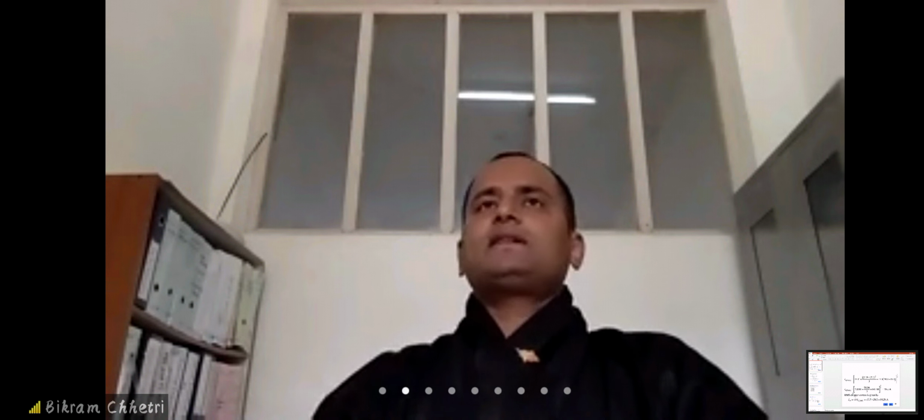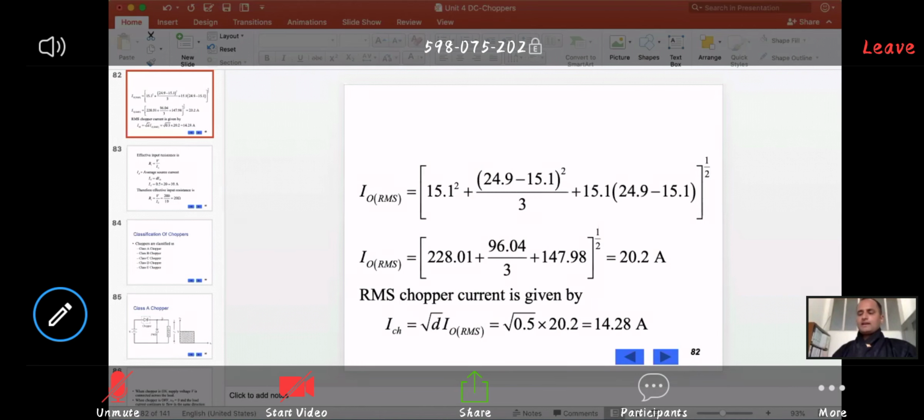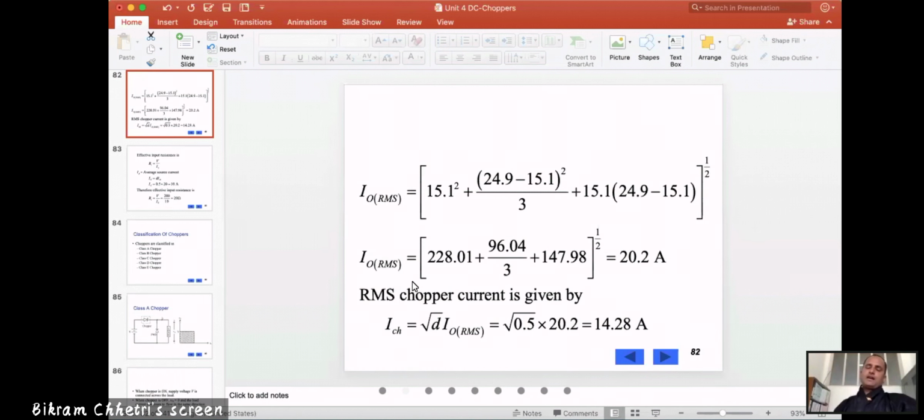DC to AC means the inverters, and next are the cycle converters. So we have four different types of converters in power electronics. In the first chapter we learned about power electronics components. Then in the second unit we did the rectifier, AC to DC converter. Now DC to DC converter. Then we'll do DC to AC converter, and finally AC to AC converter. We are already in the third unit, so we just have two left. The fourth one is not that much.